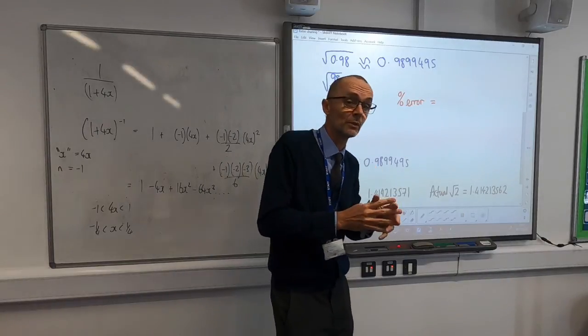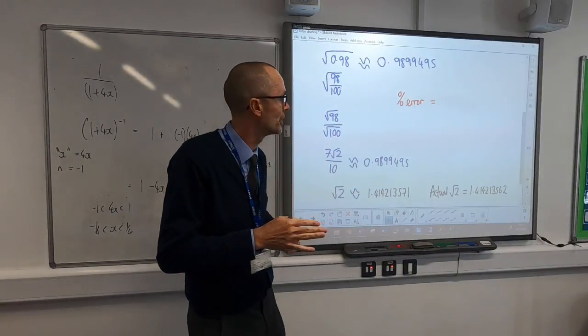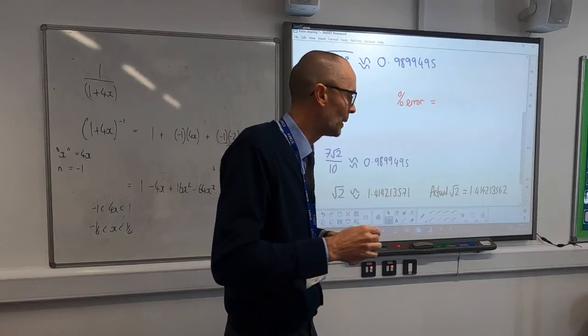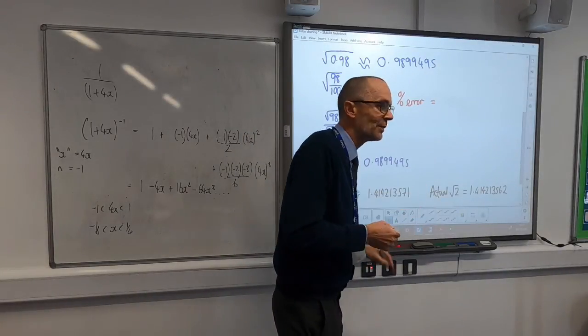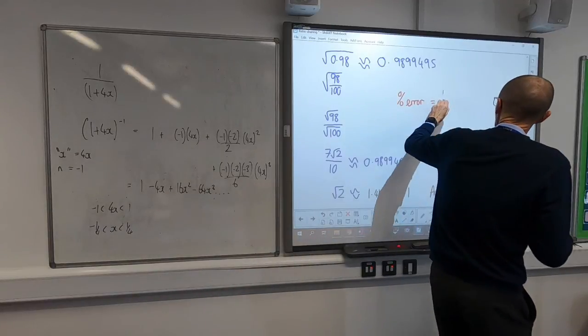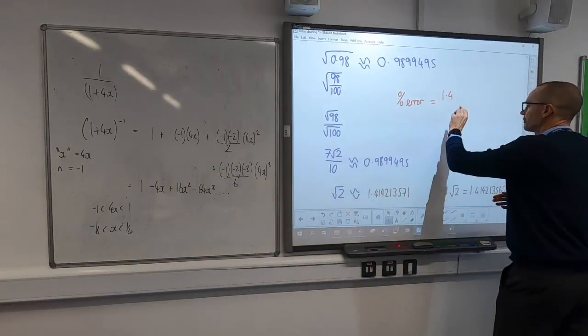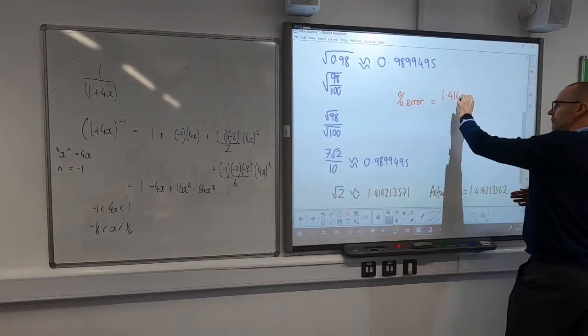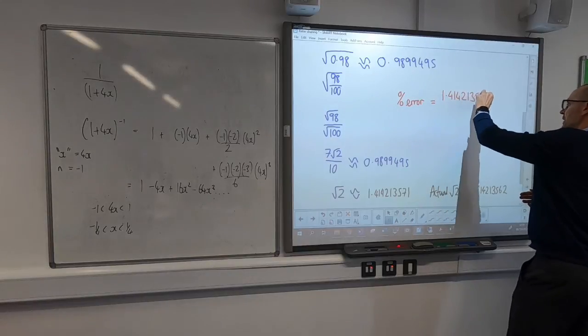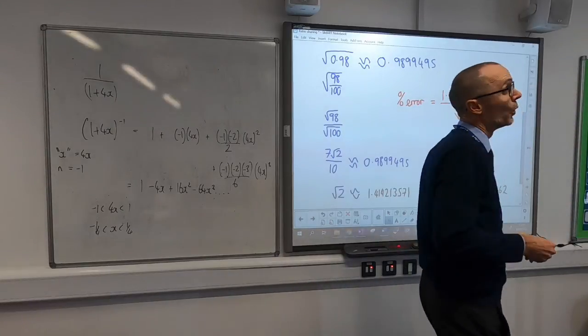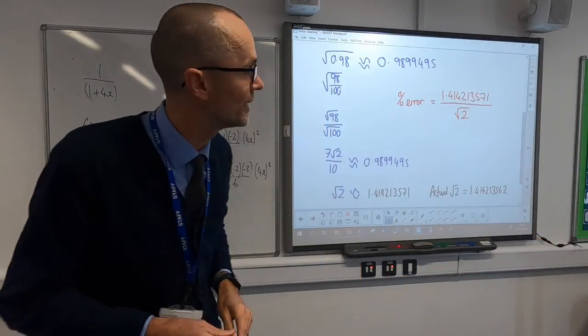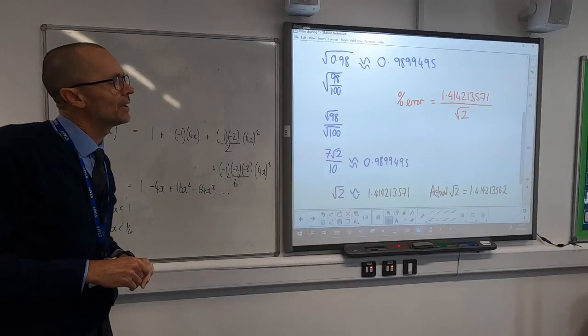But you might, at a different school, have been taught to do change over original. I'm going to do after divided by before, and by that I mean this is my estimated answer, so that's my after. And I'm going to do that over the actual answer to the square root of 2, or as my calculator tells me.